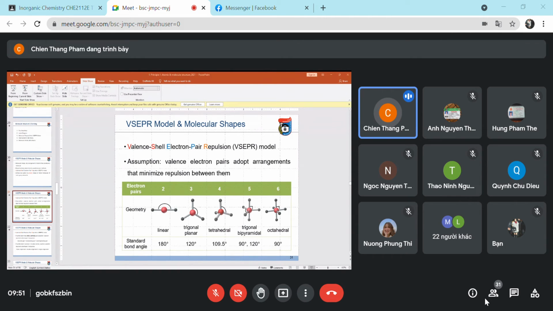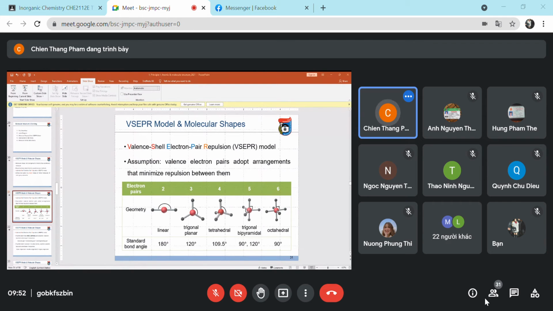What does trigonal bipyramidal mean? Here you can see these three atoms are in a triangle, in the same plane. And we have a trigonal pyramid here, a shape based between two trigonal pyramids. That's why we call it trigonal bipyramidal. It means two pyramids: the first one is upper and the other one is lower.